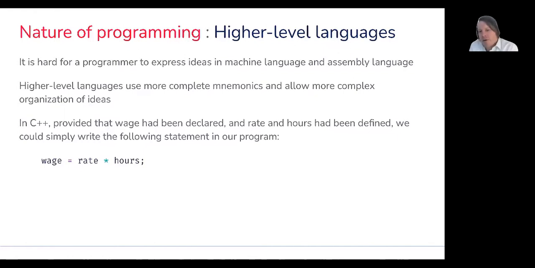So higher-level languages use more complete mnemonics and also more complex organizations of ideas. I don't want to say it's similar to natural language, but it's a lot more similar for us than thinking in ones or zeros in terms of implementing our ideas. So in C++, provided that wage has been declared, as well as rate and hours have been defined, we could simply write the following statement in our program: wage is equal to rate times hours.